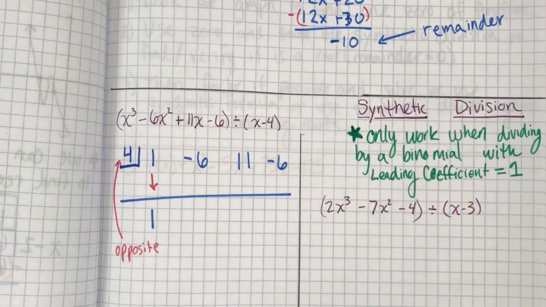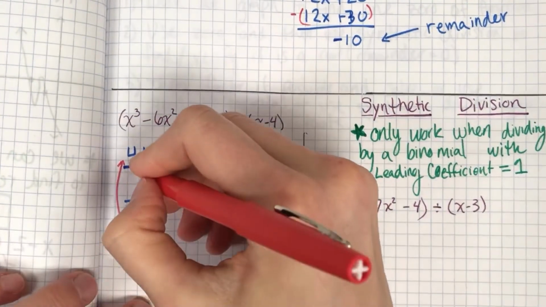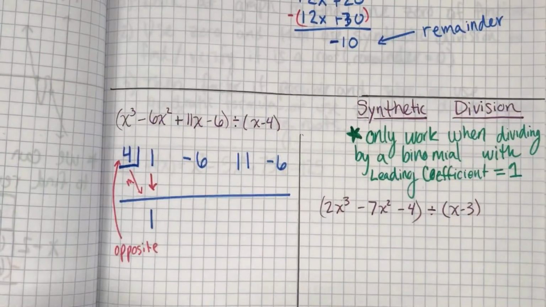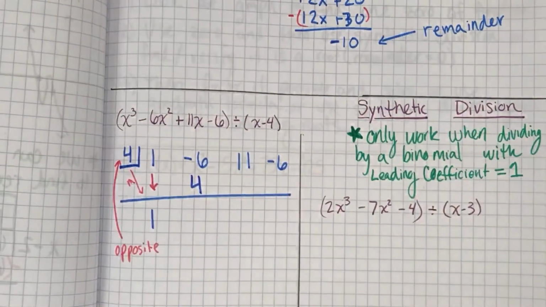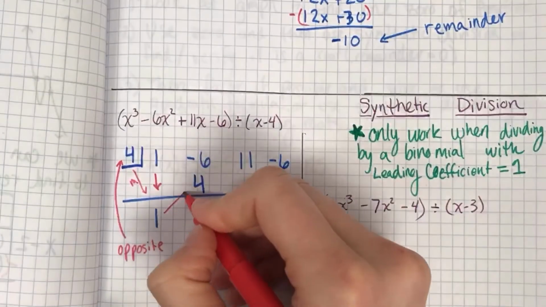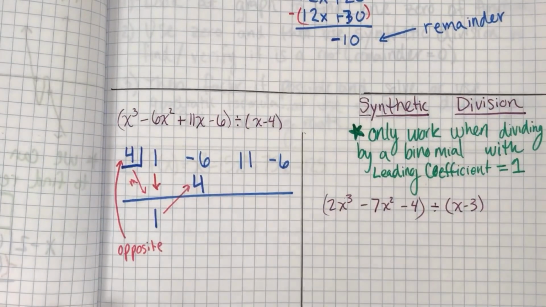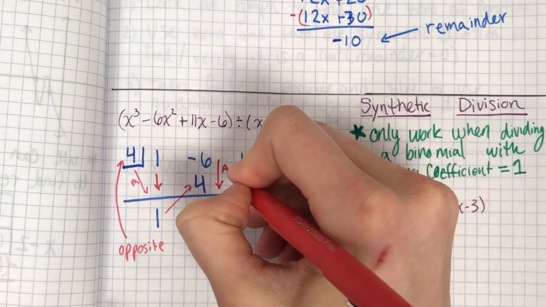All right, so starting off, we take our 4 and we're going to multiply it by our 1. When we get that, we write that underneath the next. So we've kind of got a lot of arrows going on. And then we add. So you always add going down.